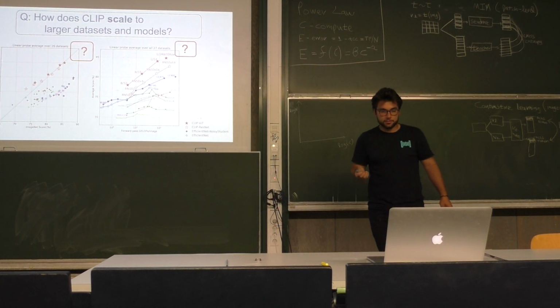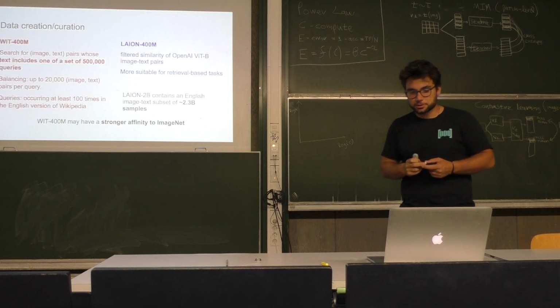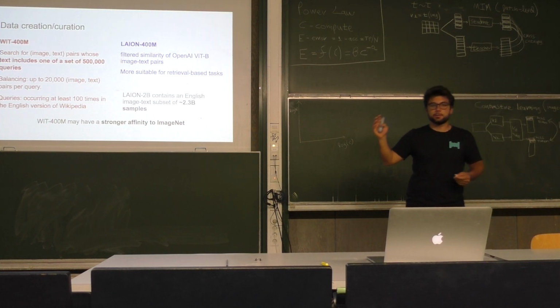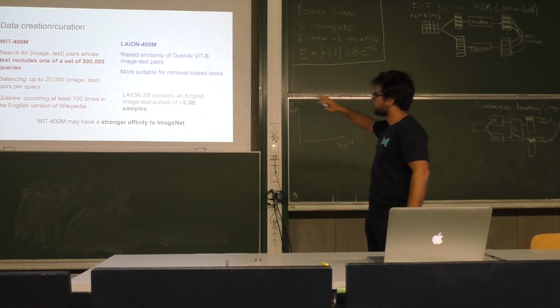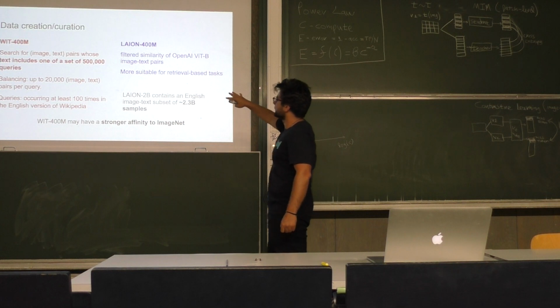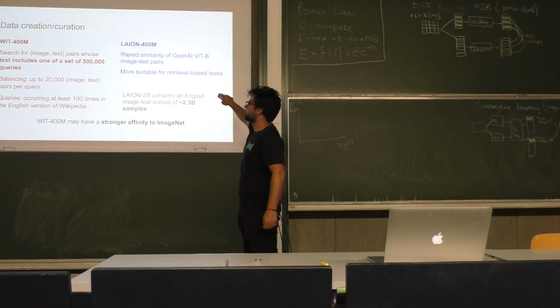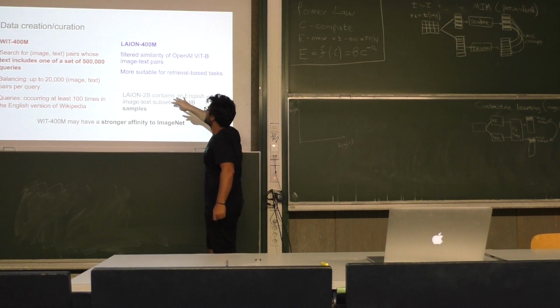Even more recently, there is a new work that considered an open source version following the training principles of CLIP, with an open source version of the data that's called LAION, which was produced in a slightly different way. They used one pre-trained model and filtered images based on similarity.